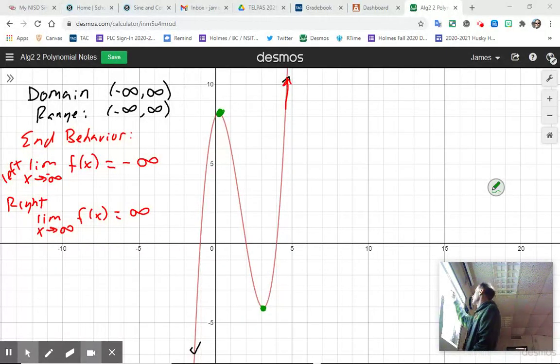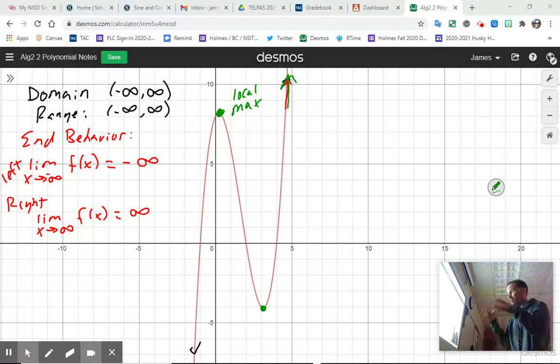The main part here is notice, because the graph keeps on going up, up, up, on that other side here, this is a maximum, but it's only a local maximum, because in that little neighborhood, it's definitely the top of the hill, but it's not the highest point ever.